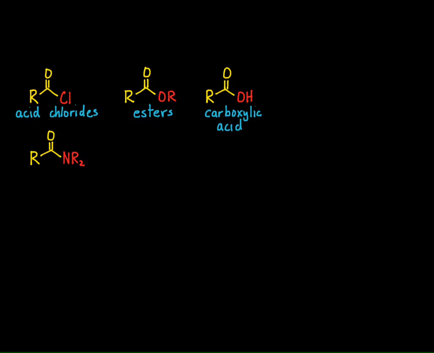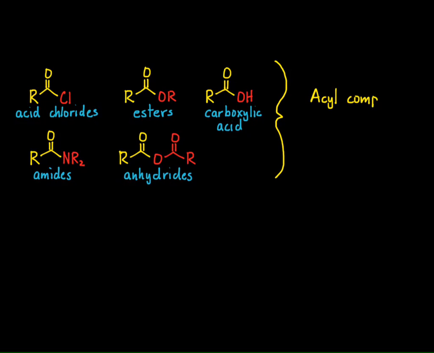And then we have amides, where the leaving group is an amine. And lastly, we're going to be looking at acid anhydrides, where the leaving group is a carboxylate. So all in all, these are referred to as acyl compounds, where you can see they all have the general formula of that R with an acyl group attached to some leaving group.